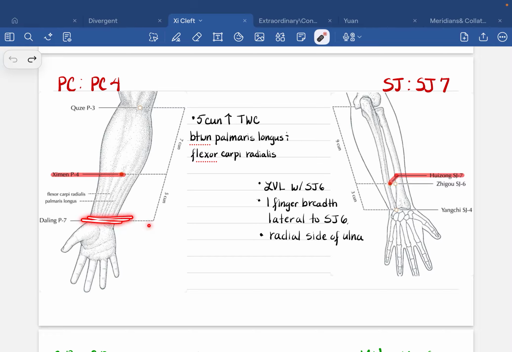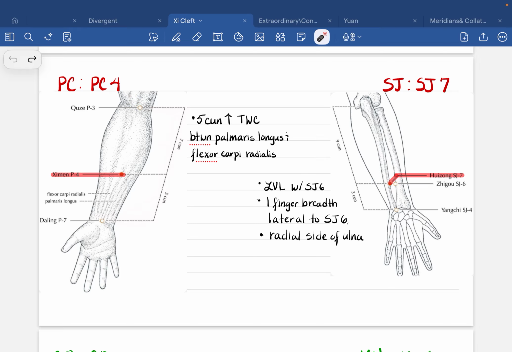Right here, it's 5 cun up, between the palmaris longus and flexor carpi radialis. These two are also landmarks. It's saying it's in between these two. And that's how you know PC is in the center of the hand at the wrist. It's from this trajectory right here.